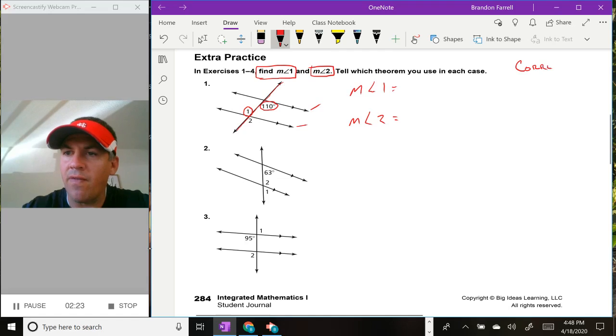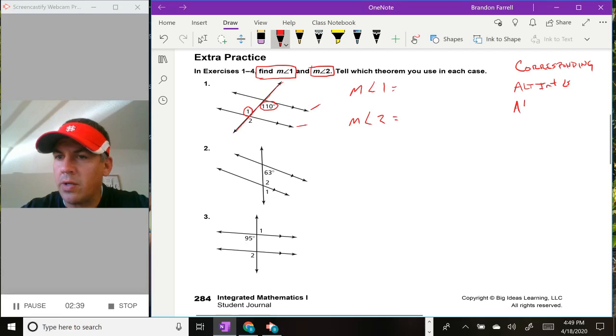Basically, we have 4 concepts that we need to make sure that we remember. Corresponding angles, alternate interior angles, alternate exterior angles, and consecutive interior angles.